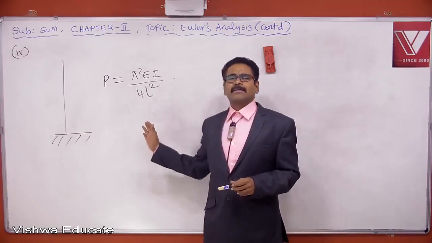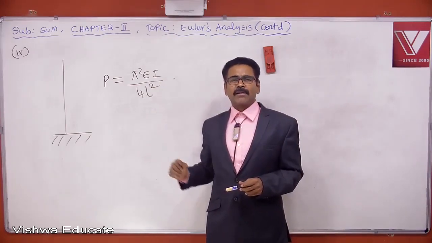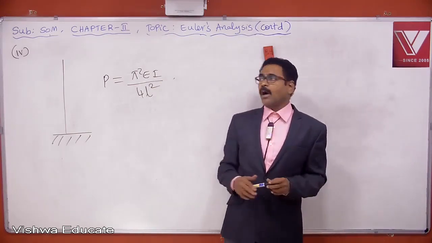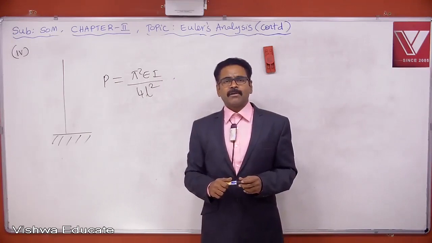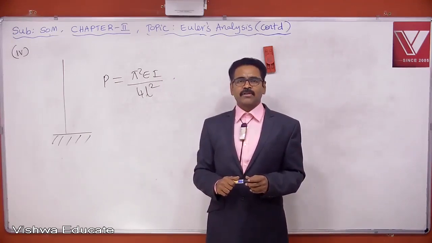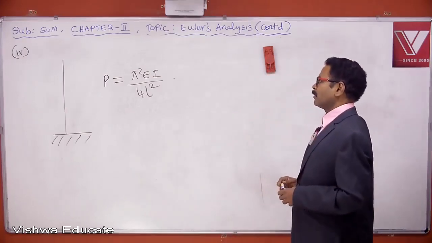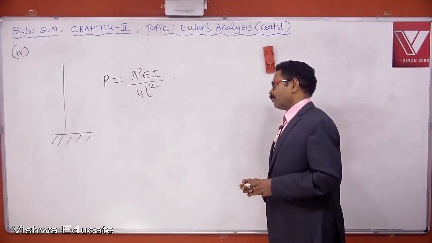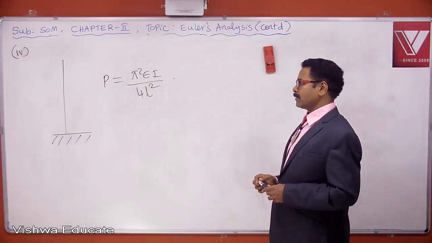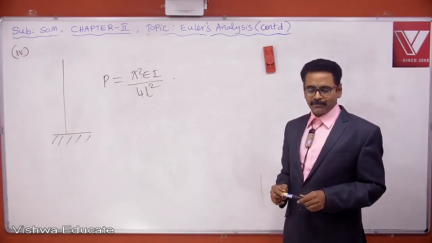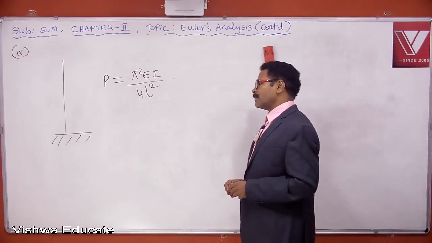For remaining cases, just remember the formula. If you want to know how this formula is derived, you can refer to any standard SOM textbook. So this is the formula to find Euler critical load when one end is fixed, other end is free.